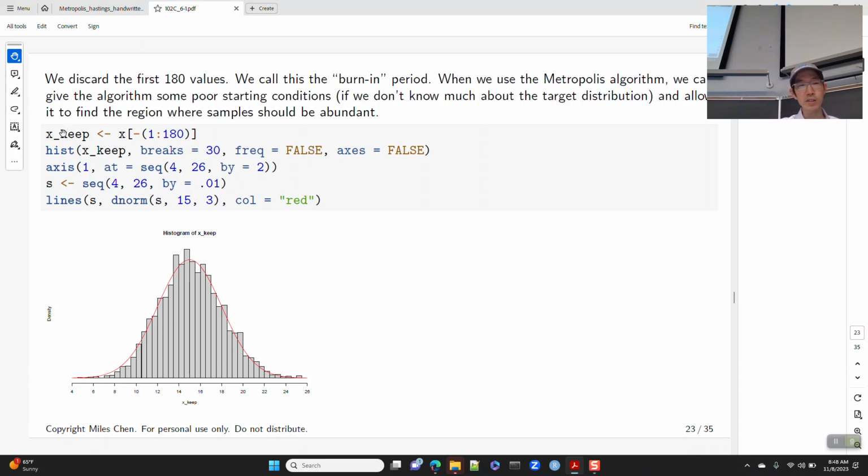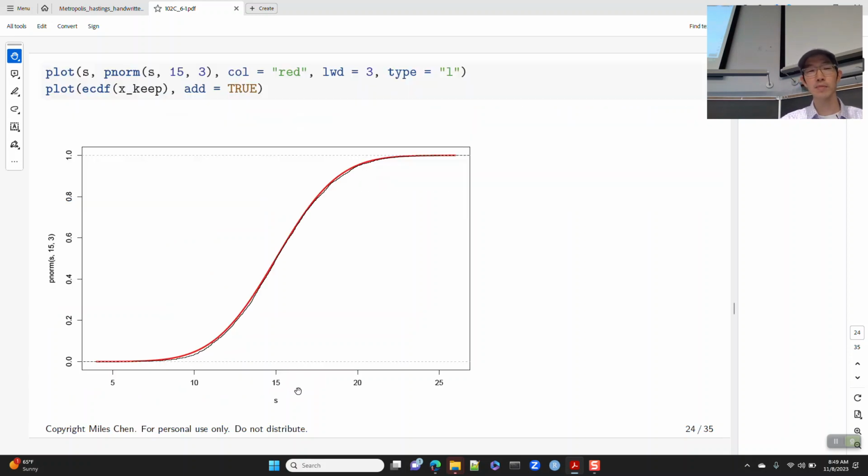So here I said x keep is, we're going to just throw away the first 180 values of x. Let's make a histogram of x keep, and this is what it looks like. And in red I have the theoretic distribution of a normal distribution centered at 15 with standard deviation 3. And it looks like our values match, okay?